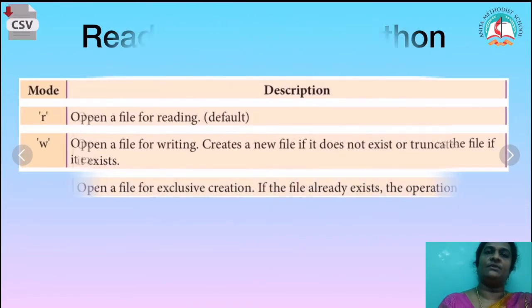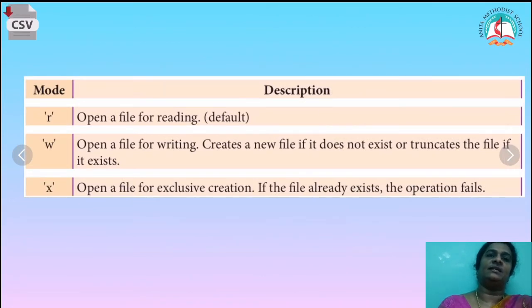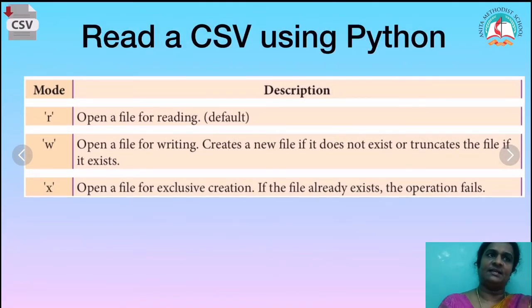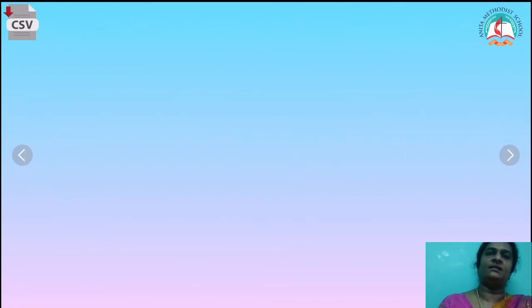And next to W, we are going to see X. What is the use of X? It's for exclusive creation. If the file already exists, the operation fails. So apart from read and write, we can do other operations. That is called exclusive creation.